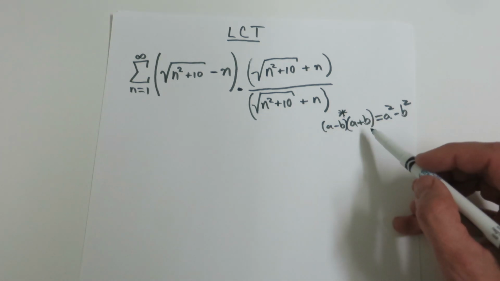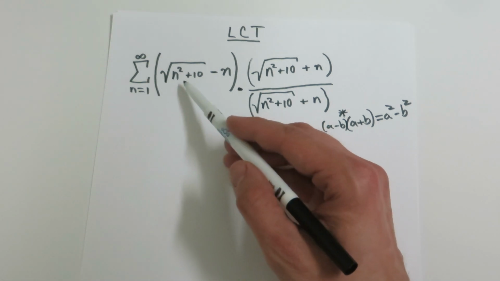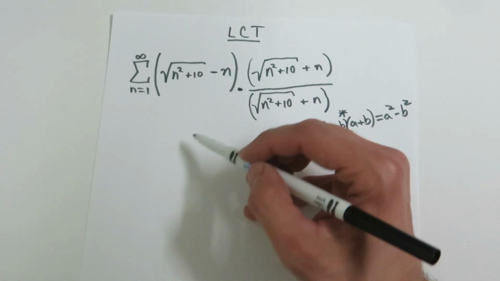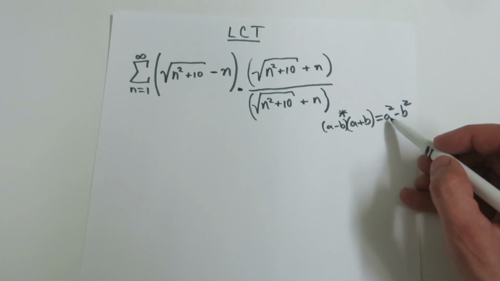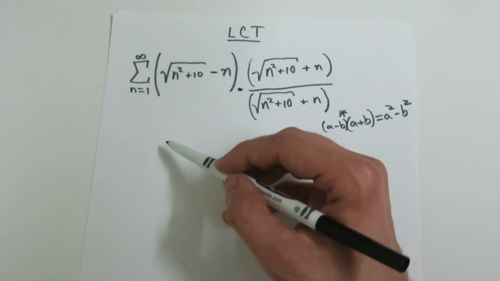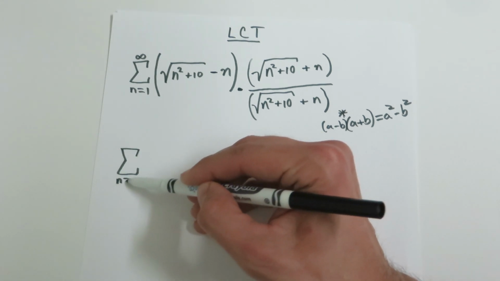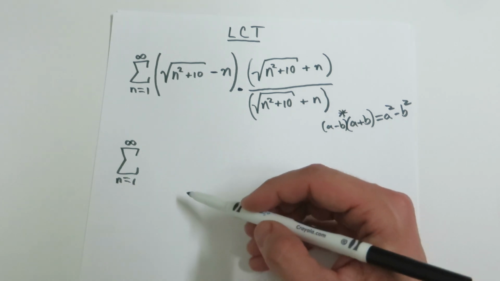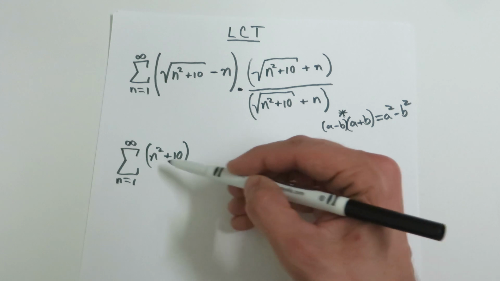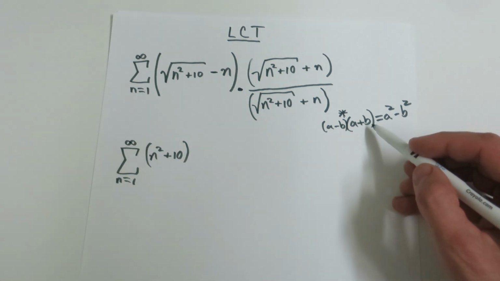So by this logic here, we can just pattern match, and we could say that our a term here is going to be this root n squared plus 10. So we're going to have all of that squared, which is just going to give us n squared plus 10. So we could say that this is equal to the series n equals 1 to infinity of n squared plus 10. And I'm just going to put that in brackets like that, just so we don't get it confused with our b term.